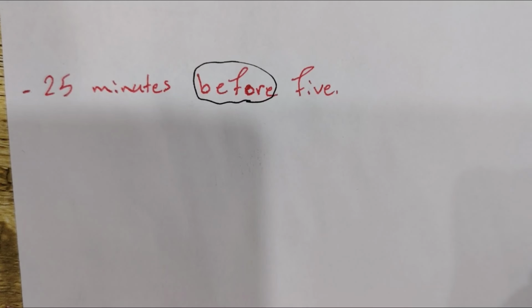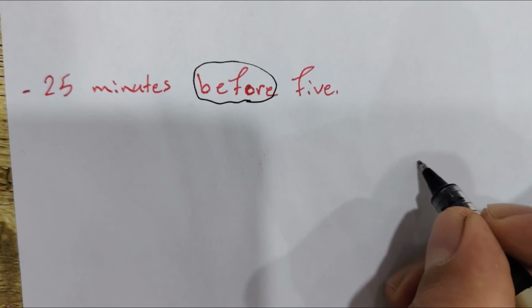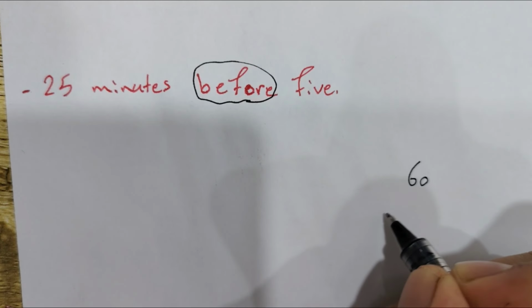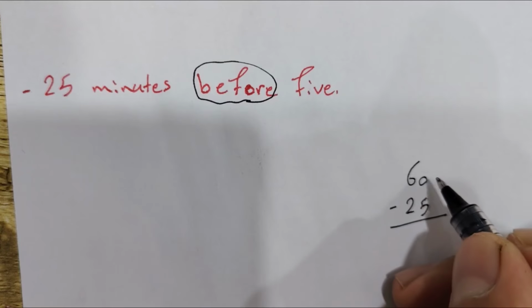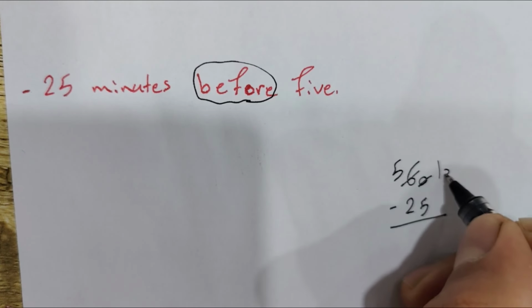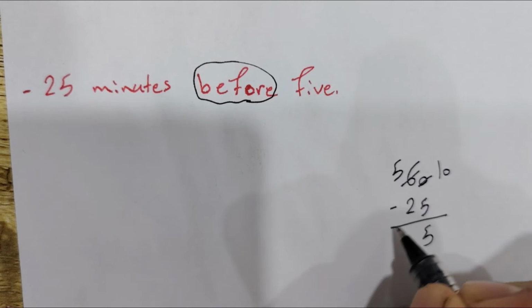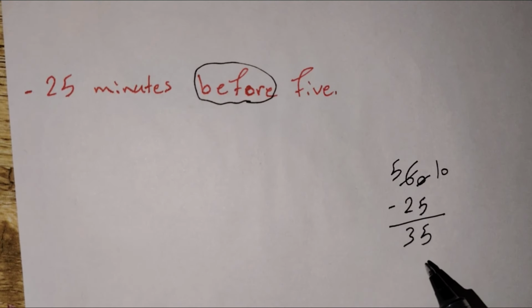But if our keyword was before, like that one, it will be different. Remember, we said if we want to use before, we have to subtract the minute itself from 60. So that's what we will do now. We say 0 minus 5, we cannot. So it will be 35. Now, our minute is 35.